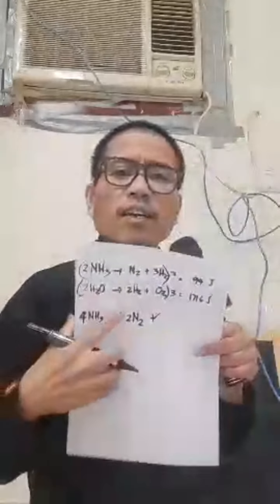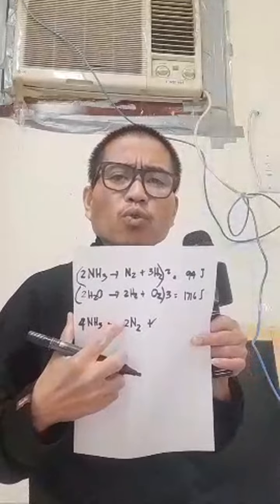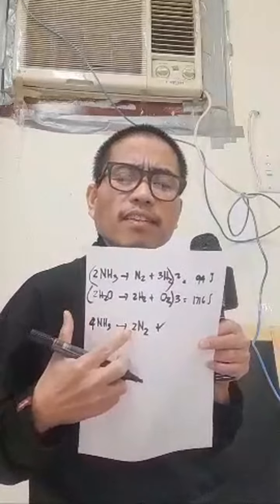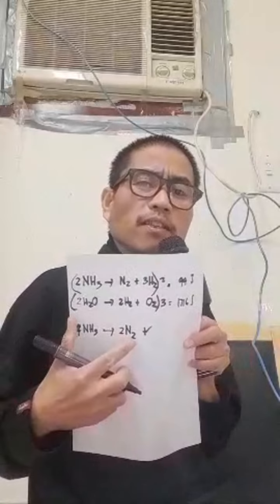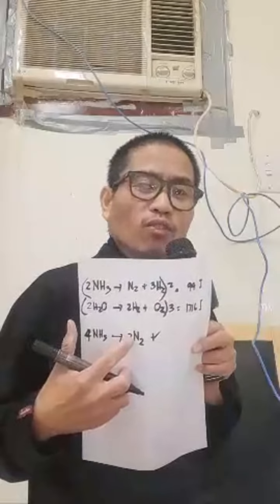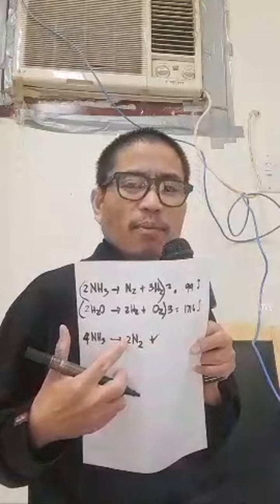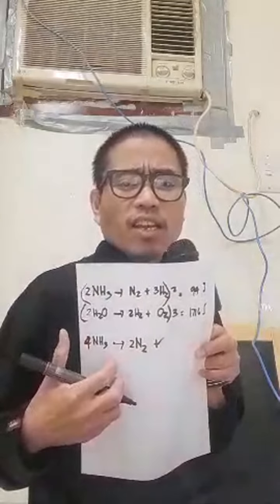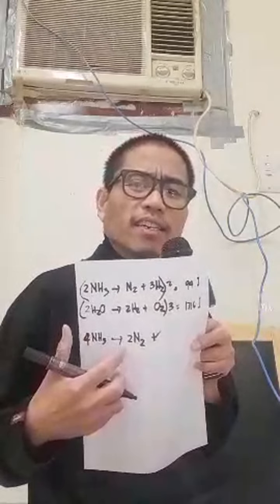So 2 moles of ammonia times 2 is 4 moles of ammonia, equal to 2 moles of nitrogen gas. This is stated as 2 moles of nitrogen gas, but it is also stated as 4 atoms of nitrogen, because 2 times 2. Both are correct in this situation.